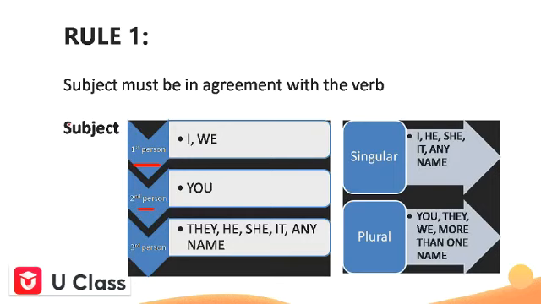Okay, let's see. Now, there are two ways to identify a subject in a sentence. First one, whenever an action is being done, somebody who is doing the action is the subject. Yes, very good. The answer to the question who is the subject actually, but that happens only in the case when you have an action word. For example, let's look at these two sentences.